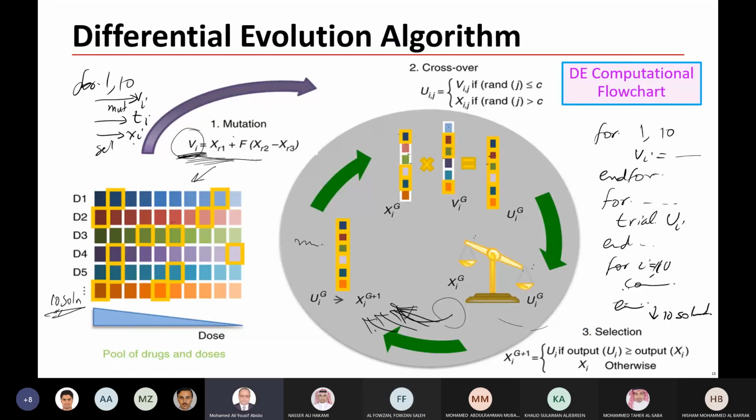And then you end. So each selection will give you one by one, and you have here one. If you finish this for, you end up with 10 solutions. You can do it either way. It doesn't matter. Yes, clear. Okay. Any other question?